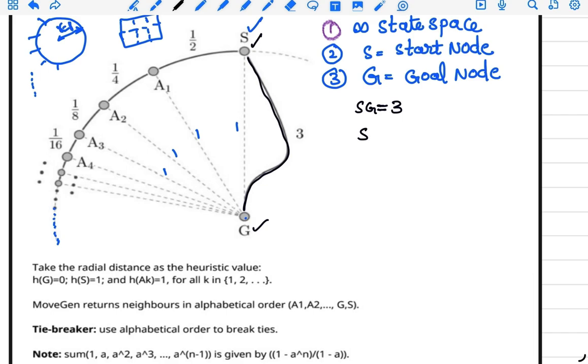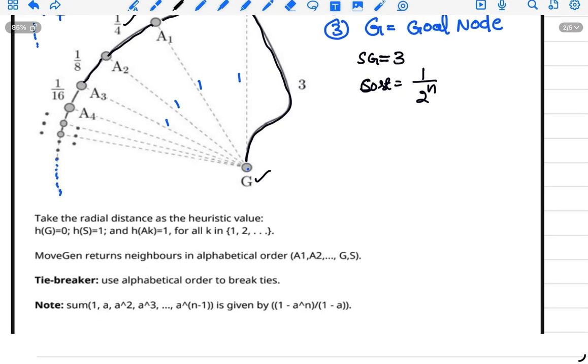So edge cost S to A1 is 1 by 2, and the edge cost A1 to A2 is 1 by 4 and A2 to A3 is 1 by 8 and so on. I think all these edge costs are 1 by 2 power n.